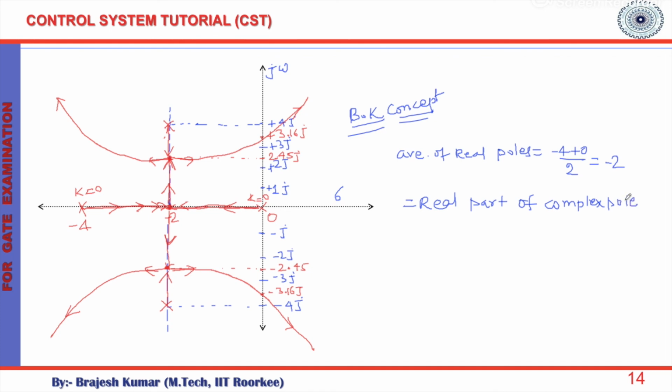What is the real part of the complex poles? These are the complex poles, this pole and this pole, and the real part is -2, right? So whenever the average of real poles is equal to the real part of the complex poles, the number of breakaway points will be 3; otherwise the number of breakaway points will be 1.